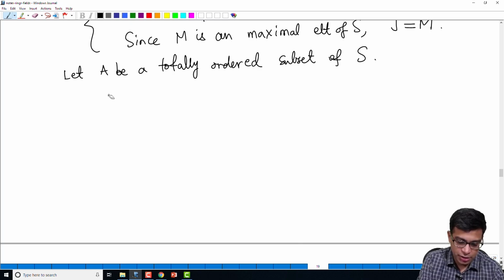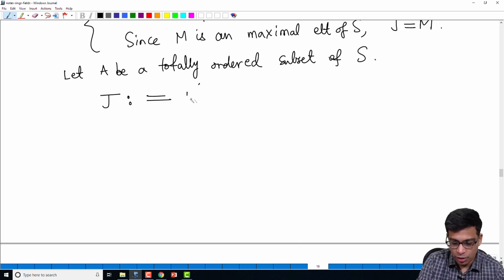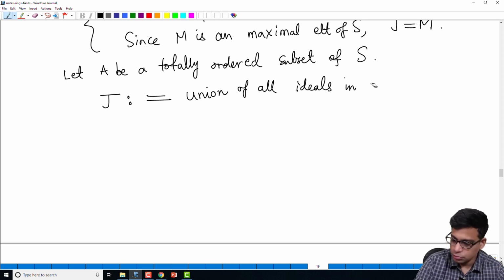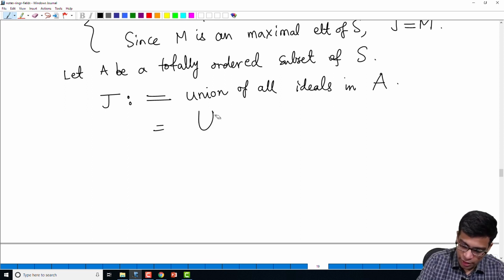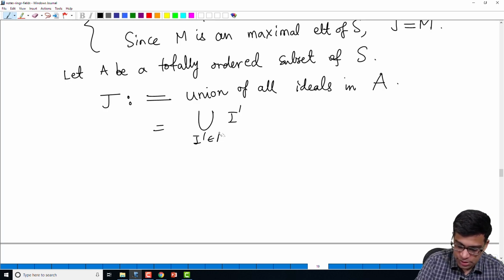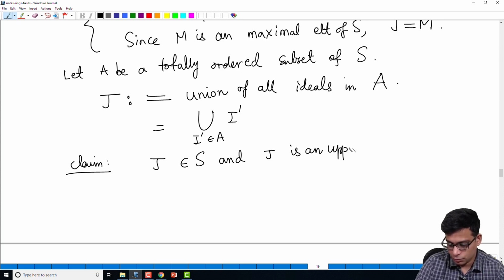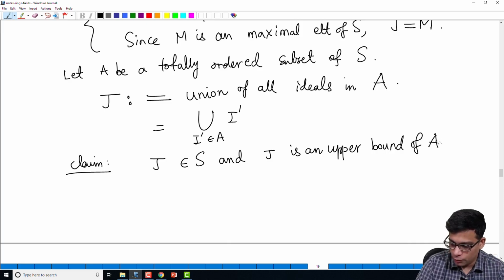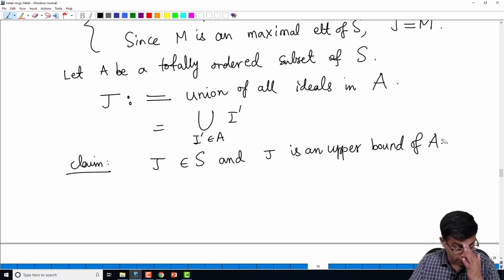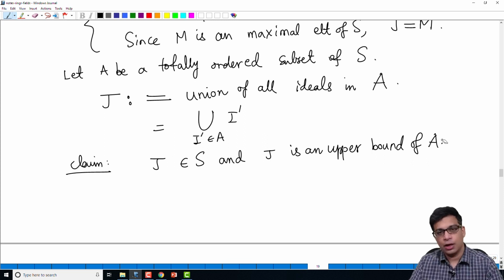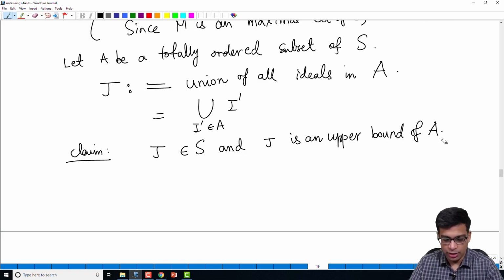Now I claim that, consider this ideal J, define it to be the union of all ideals in A. So I take J to be the union of I prime, where I prime is in A. So now the claim is J is in S and J is an upper bound of A. I am working with an arbitrary totally ordered subset A of our set S. To apply Zorn's lemma, I need to show that A has an upper bound, and my claim is that this J that I defined is an upper bound.